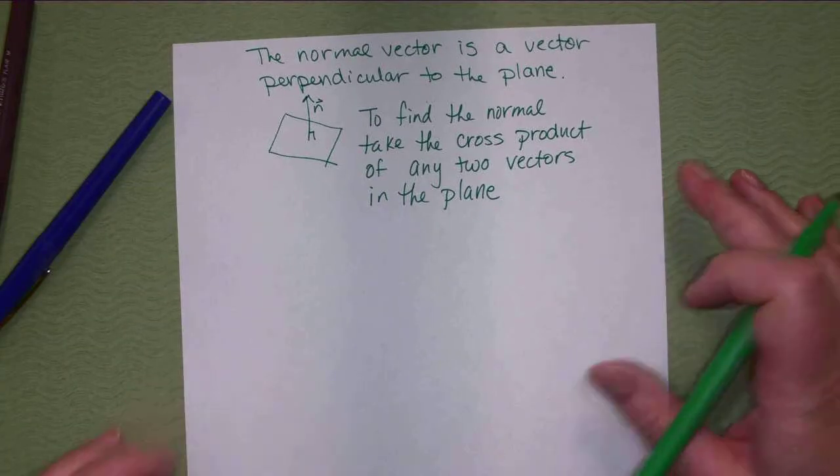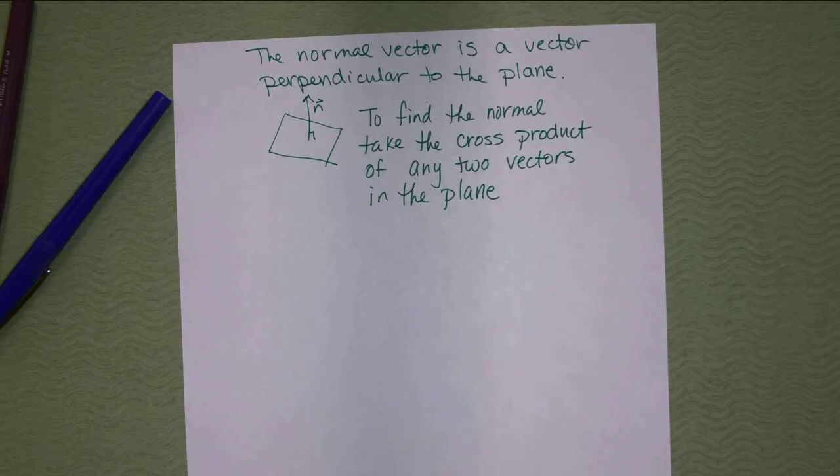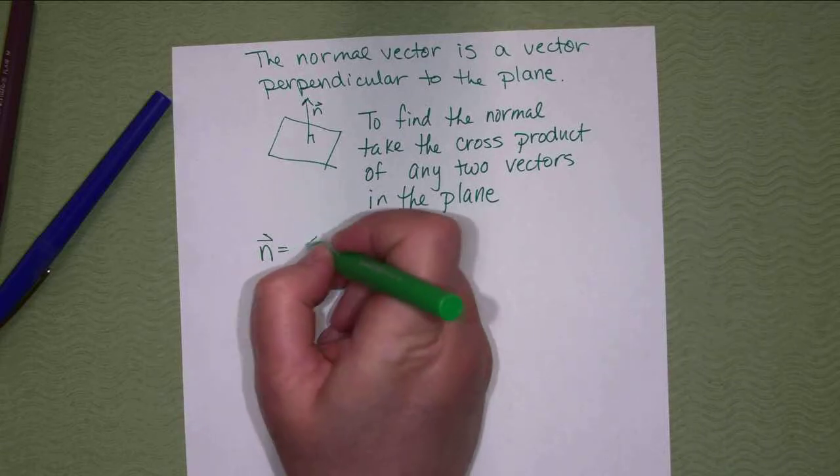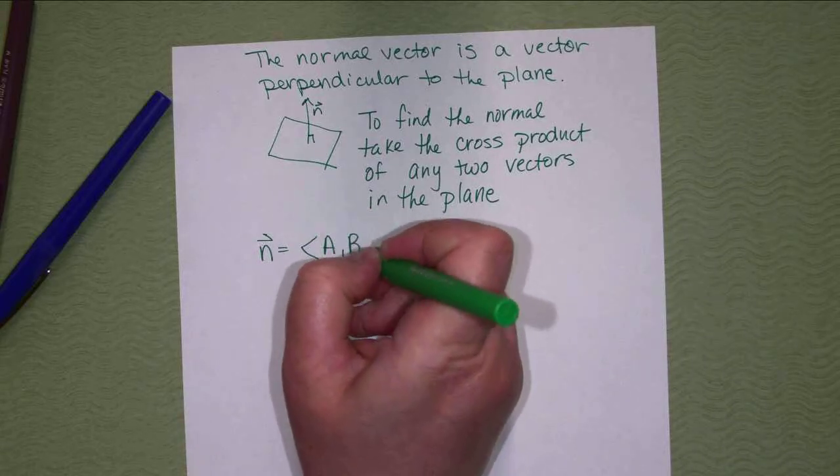The cross product is perpendicular to the plane. So the normal vector in terms of our formula is the vector A, B, C.